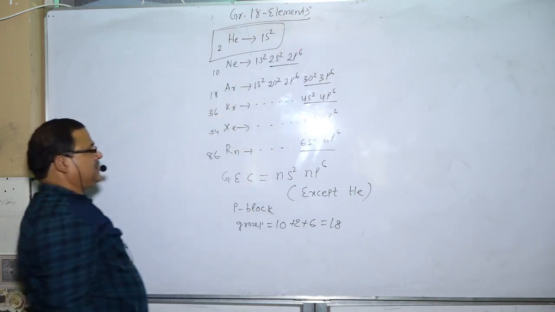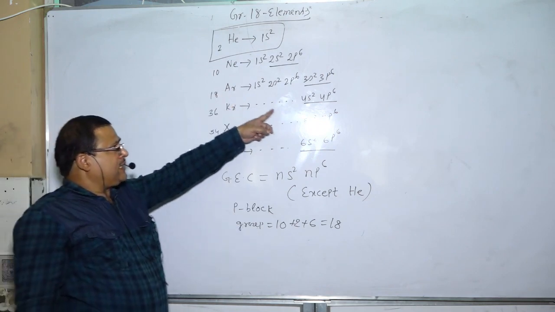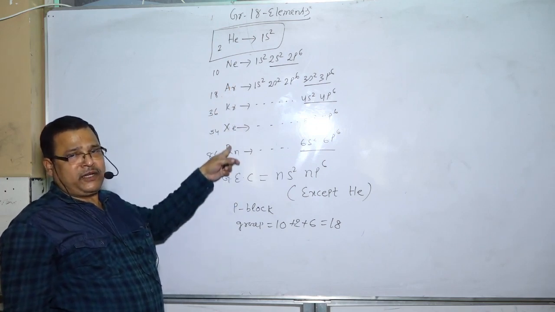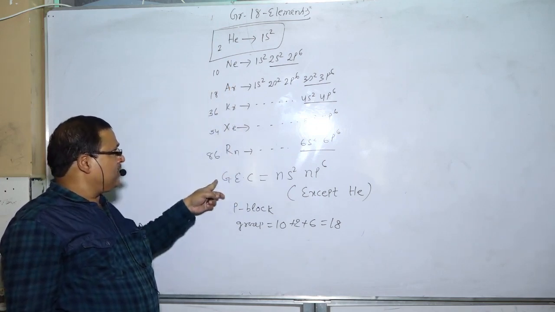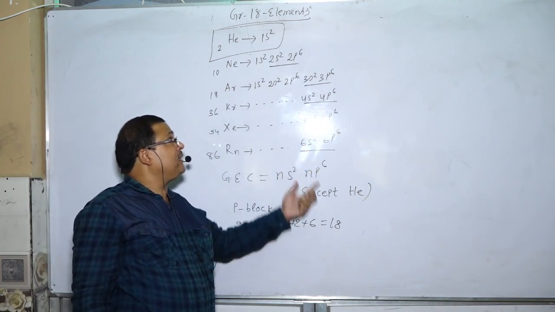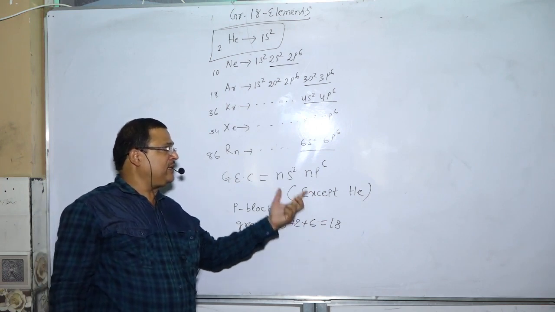So this is regarding the electronic configurations, symbolic representation of elements, their atomic numbers and placement in the periodic table. These are the elements of group 18 of the periodic table.